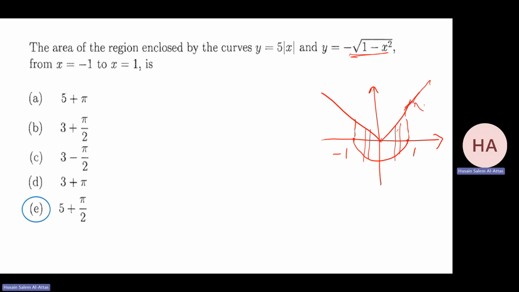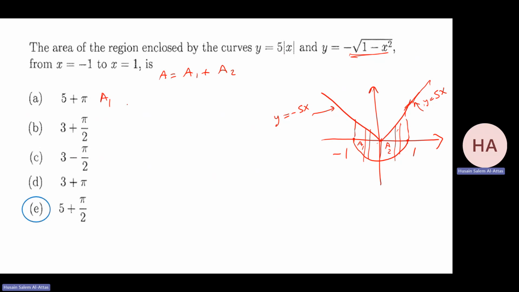Here I have y equal 5x and here I have y equal minus 5x. So I can split it into two parts. Let me call this one A2 and this one A1, so my area will be A1 plus A2.